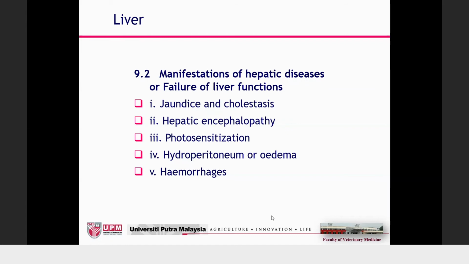The clinical signs related to liver diseases can actually be pre-hepatic, hepatic, and post-hepatic.